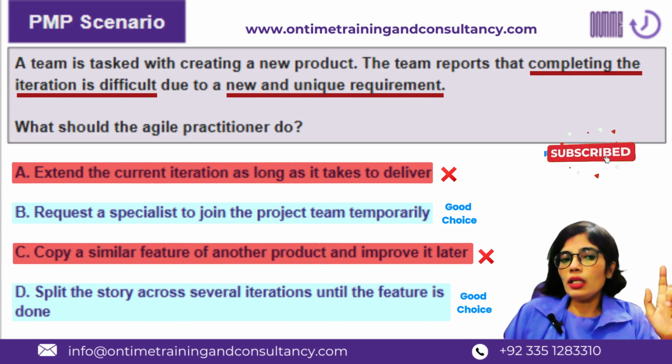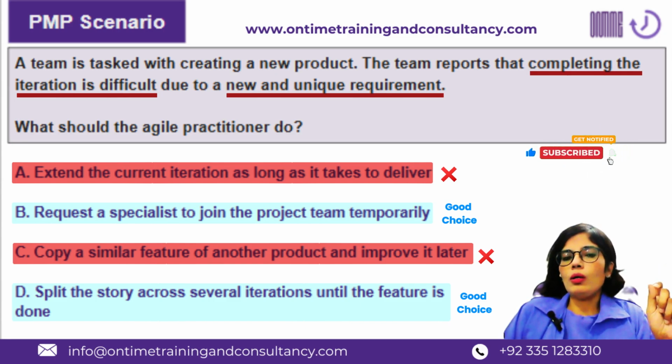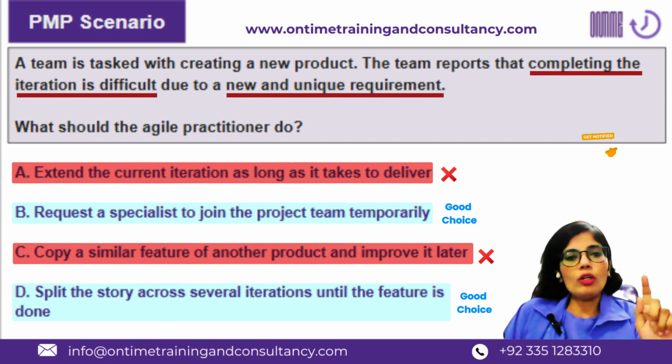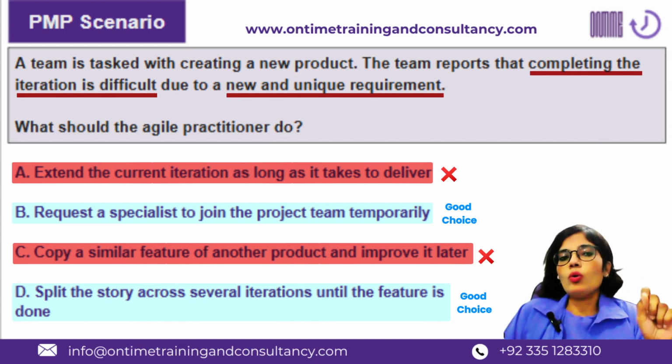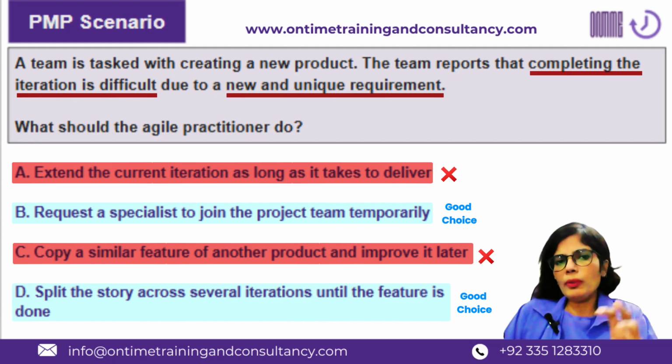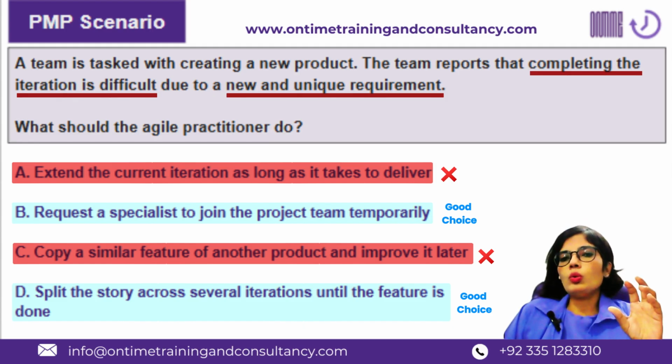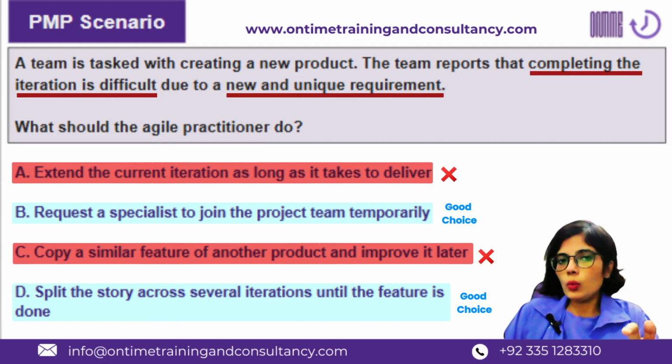Yes, option D is going to be a right thing to do, but it's not the best thing to do, because the best thing between B and D is B. So with B and maybe some part of D, you are actually going to be in the right situation to complete the work.